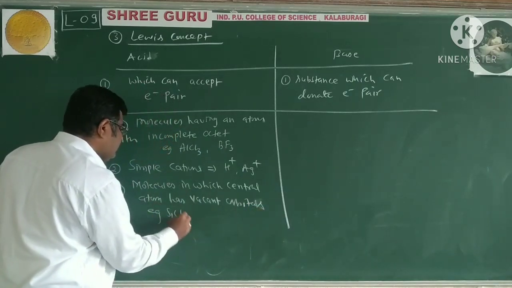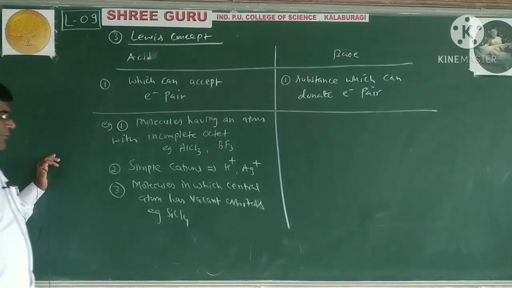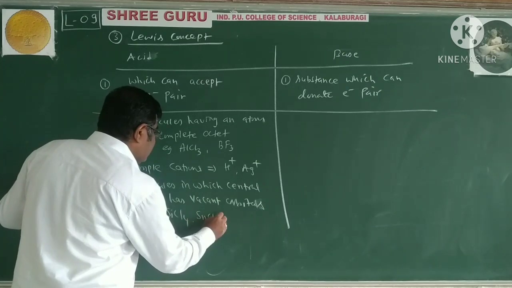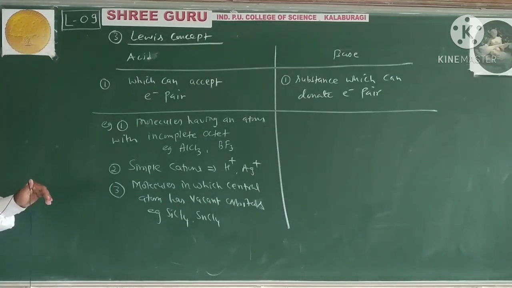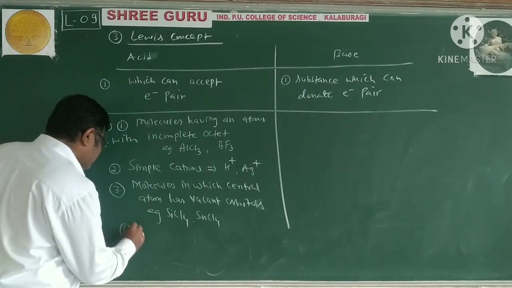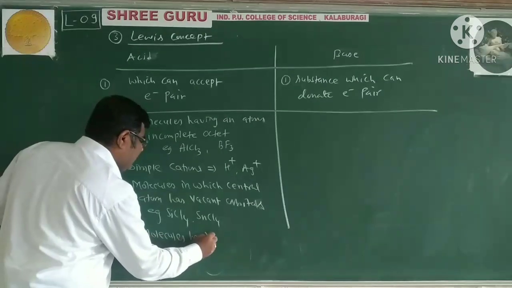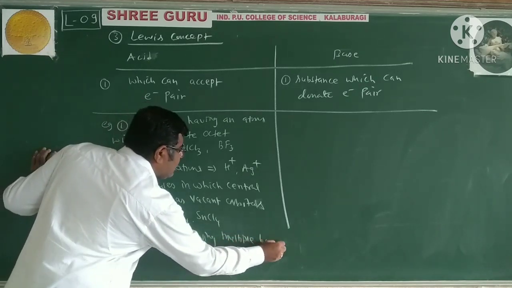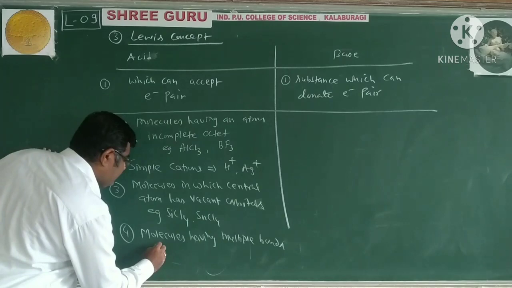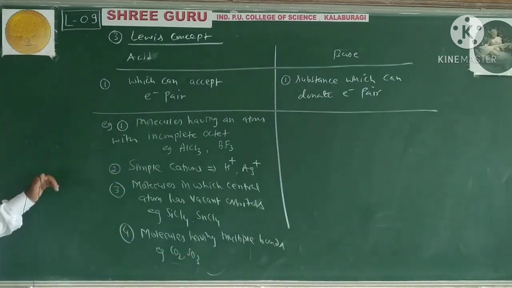Example, SiCl4 which has vacant d orbital, or SnCl4 which also has vacant d orbital. And molecules having multiple bonds. Last one. Molecules having multiple bonds. Example, CO2 and SO2.